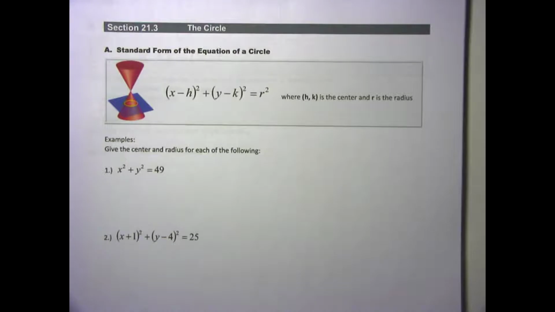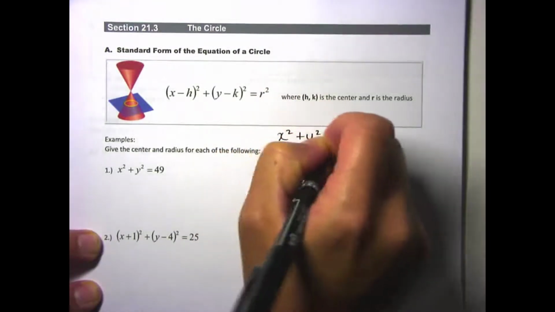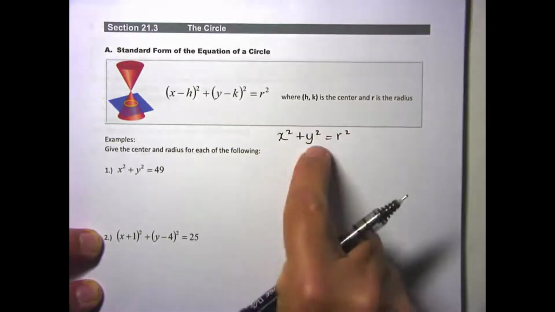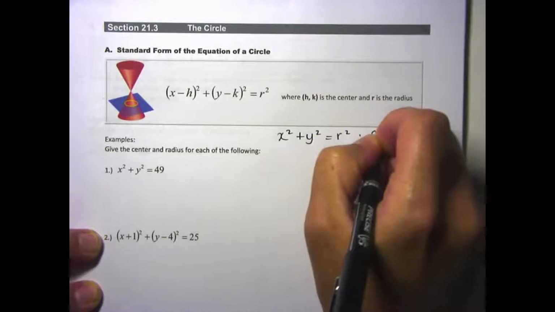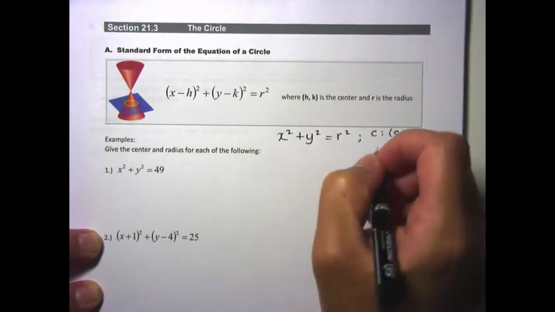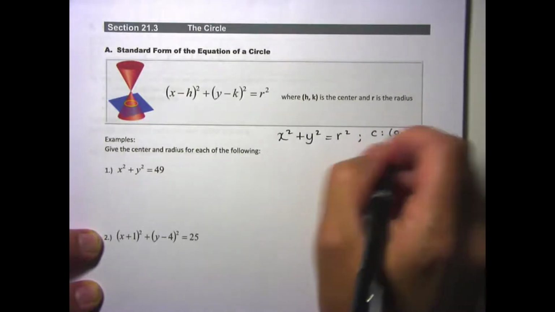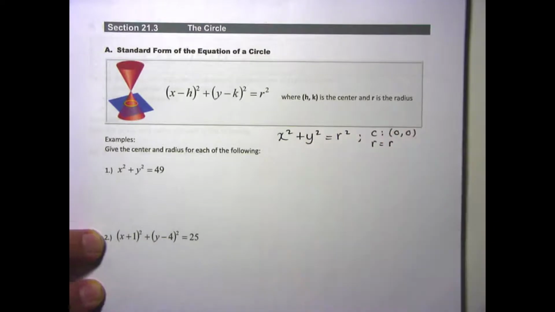Very straightforward here: if you have x² + y² = r², this is a circle with the center at the point (0, 0), and the radius is simply r.